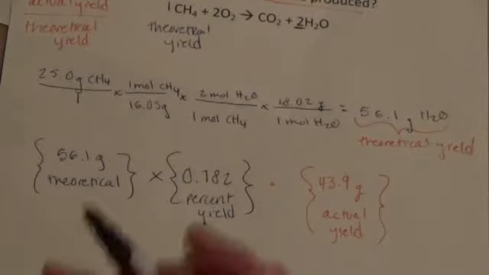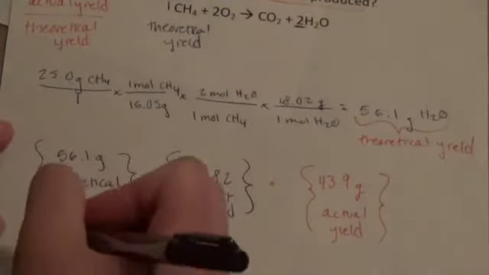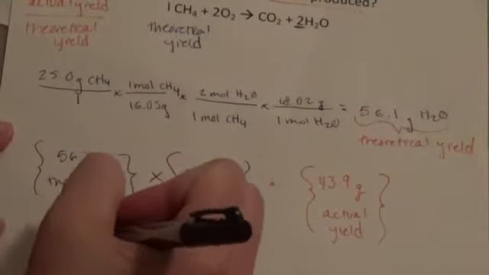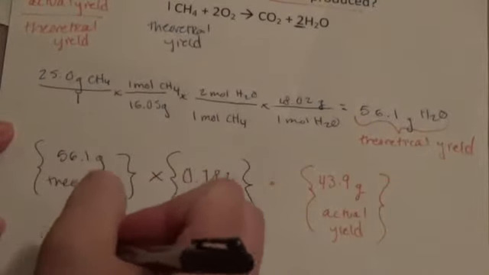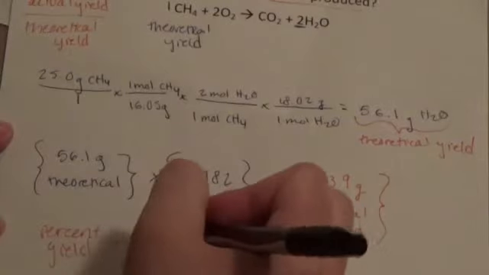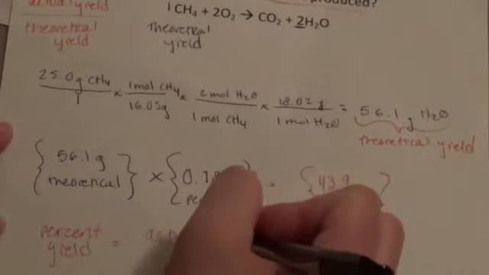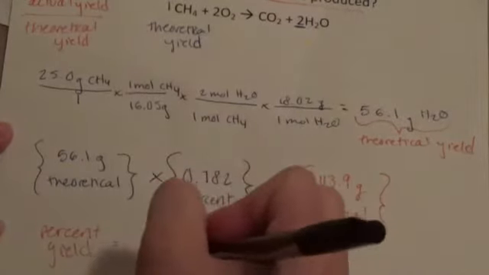And so this all makes sense, as far as the theoretical multiplied by percent yield giving the actual yield, this all comes from the percent yield equaling the actual yield over theoretical yield.